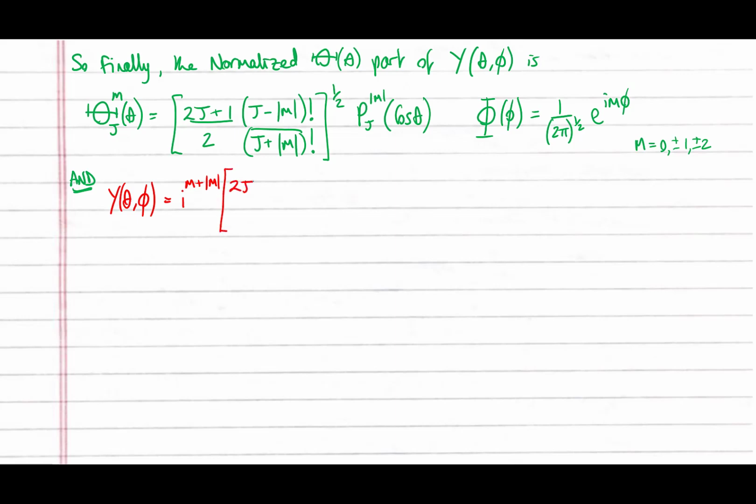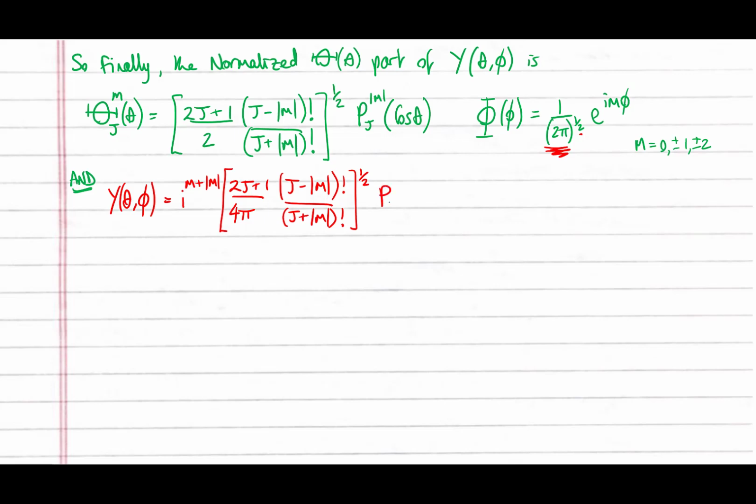So we've got our 2j plus 1 over 2, and then of course we've got minus, so this piece is the same, or is it? What we're going to actually recognize is that there's the 2 pi in here from the phi function, so we're going to put that as 2 pi to the half, so that conveniently fits inside the square brackets here.